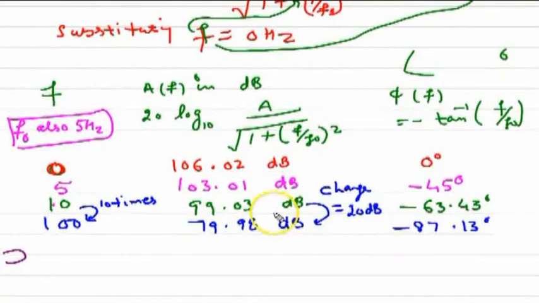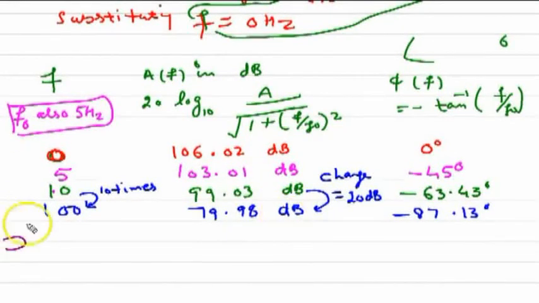Now we take the frequency 10 times more again, 1000 Hz. Again, it is very important, the gain comes down by another 20 decibel.